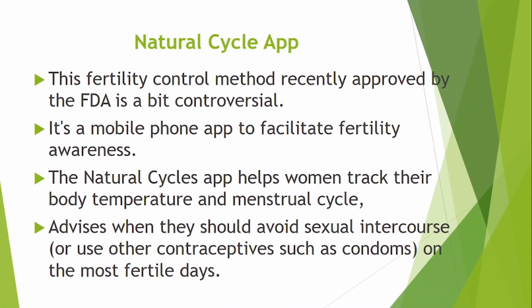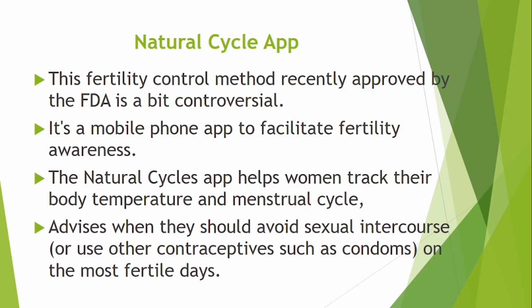There is a new invention called the Natural Cycles app. It's a fertility control method that was recently approved by the FDA. It's a little bit controversial because it's a mobile phone app to facilitate fertility awareness.